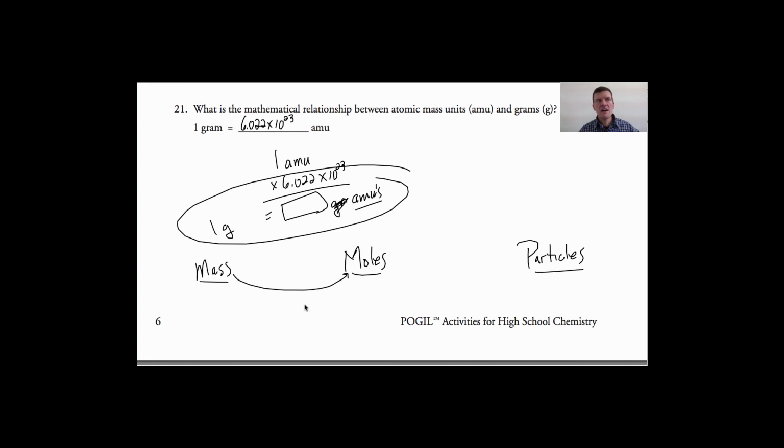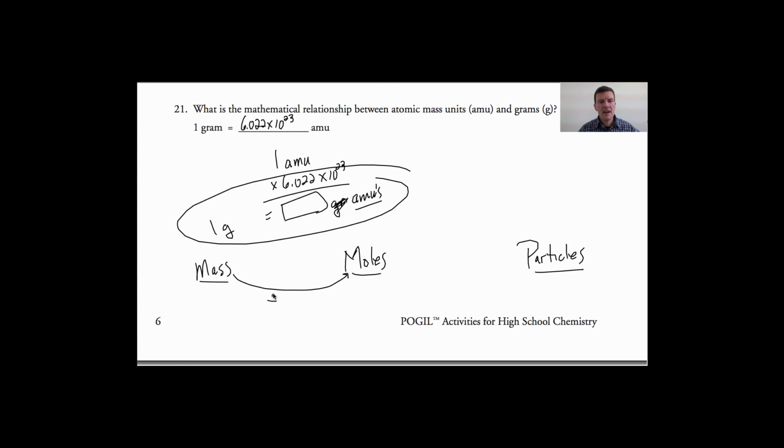So if you know that you've got 2 grams of hydrogen, then you would divide by the molar mass of hydrogen to find out how many moles that is. If you've got 4 grams of hydrogen, if you've got 10 grams of hydrogen, divide by the mass for each mole to find out how many moles you have.